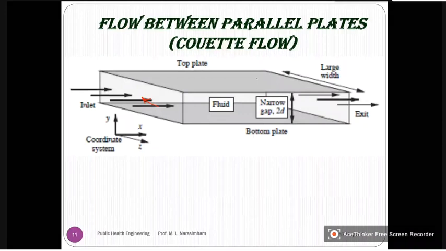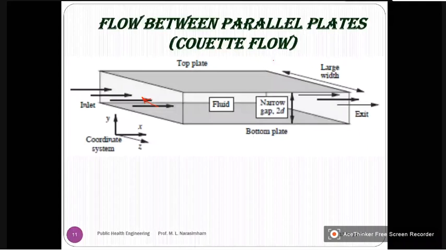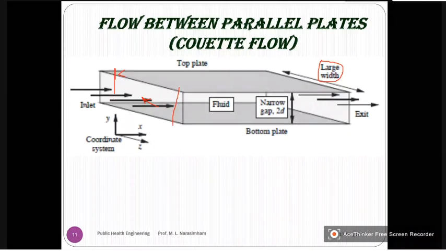This two-dimensional flow is valid when you consider large width, for all flows except very close to the end parts. So this entire region, the central part, the flow will be only having two-dimensional flow.